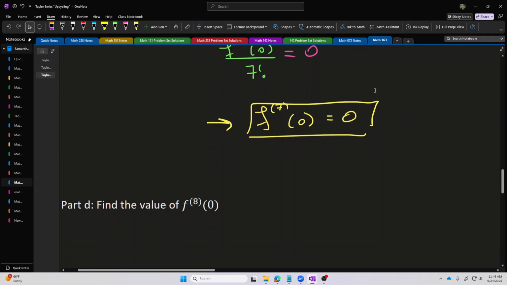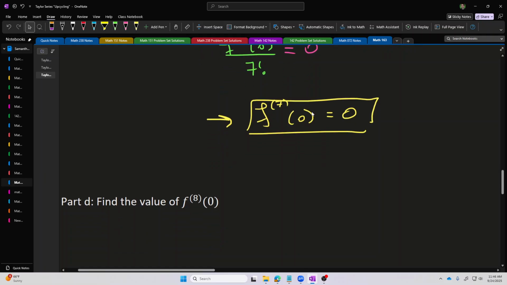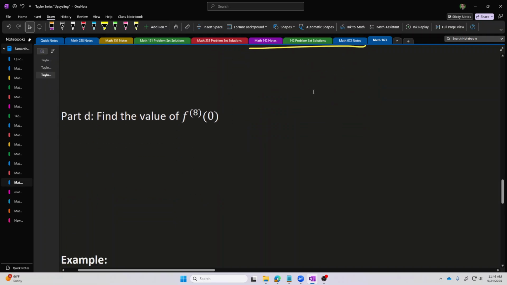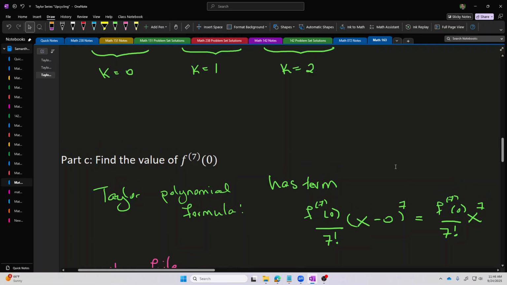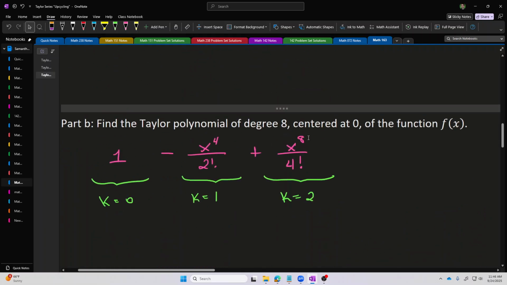Correspondingly, if I asked for the 8th derivative of cosine of x squared with x equals 0 as the input, I could get data about that 8th derivative by looking at what's happening at the x to the power 8 term in my Taylor polynomial.